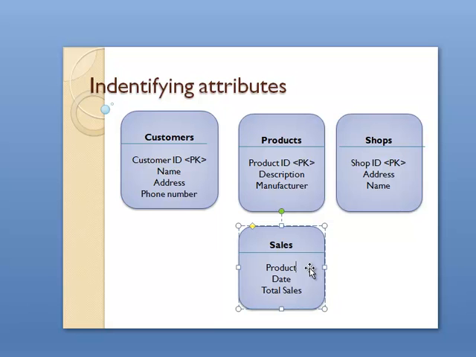Product ID. We're going to come back to what it's doing in this table when it really belongs to the other table in a moment, but just bear with me. That's product ID. So if that's product ID and there is a date, we could say, oh, that's a composite key.